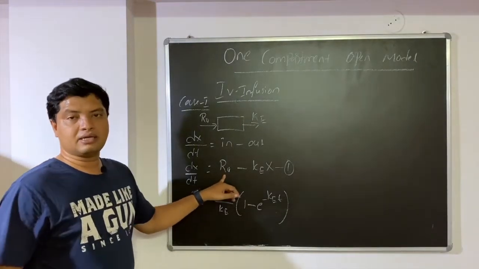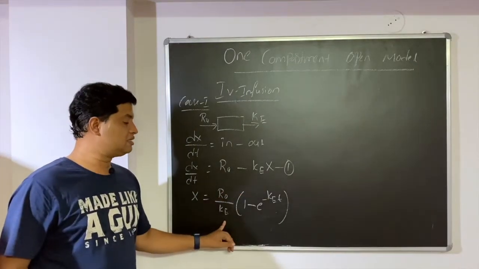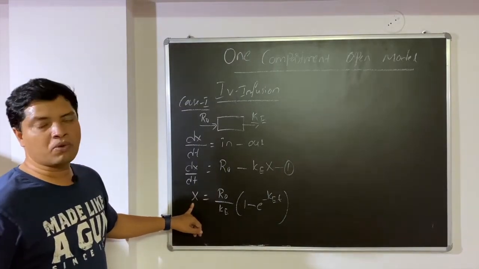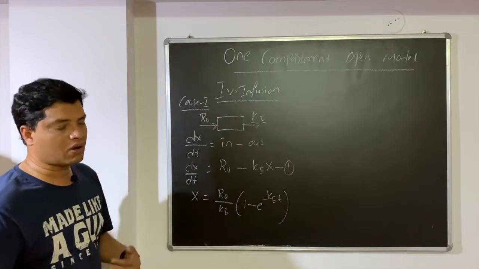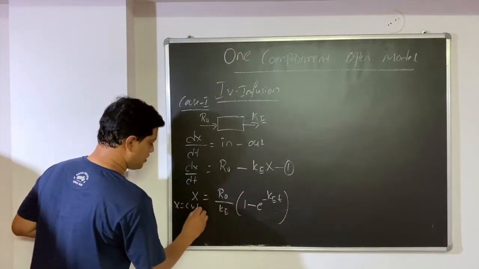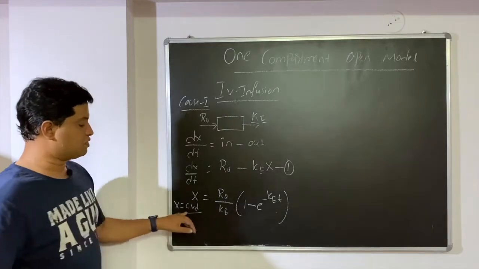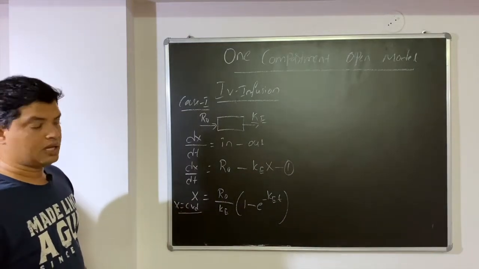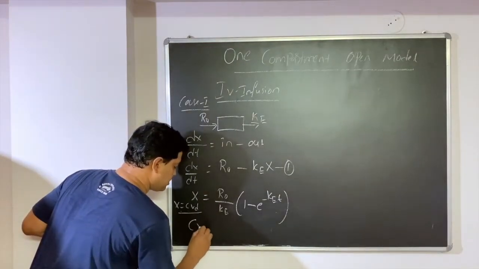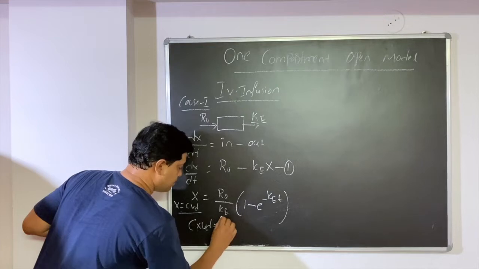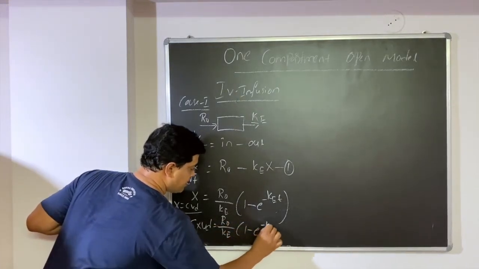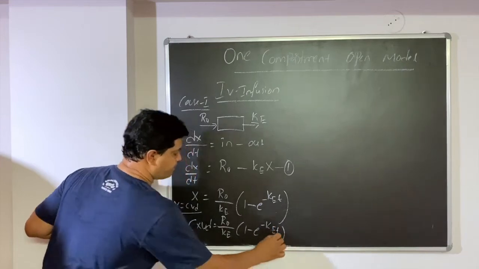Integrating and rearranging the above equation will lead to this equation. Now we are representing X as amount of drug present in the body. Convert that into concentration. We know that amount is equal to concentration multiplied by volume of distribution. Substitute this here, you will get concentration multiplied by volume of distribution is equal to R0 by Ke into 1 minus e to the power of minus Ke t.